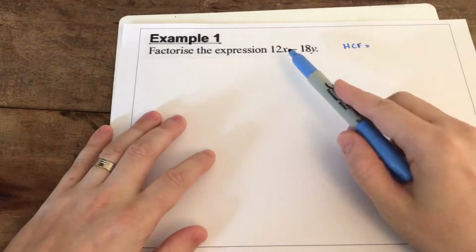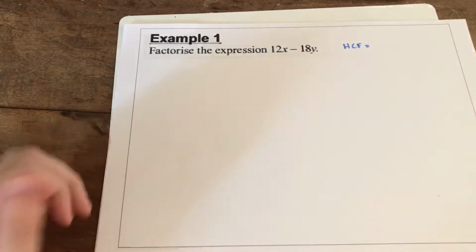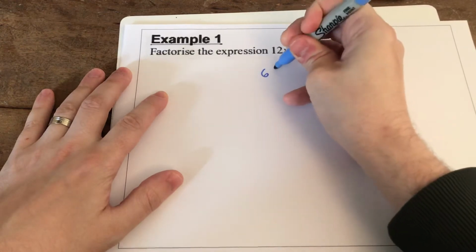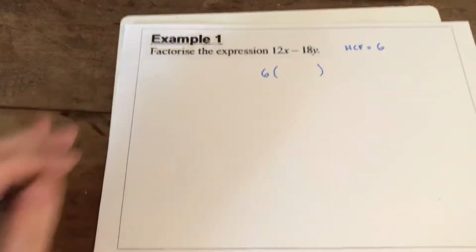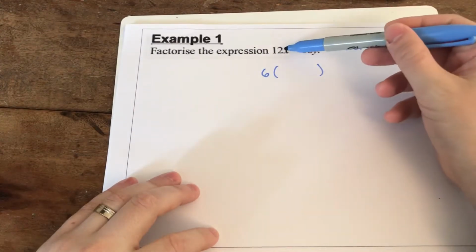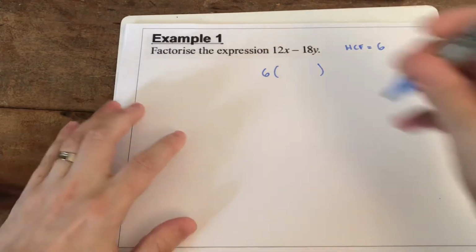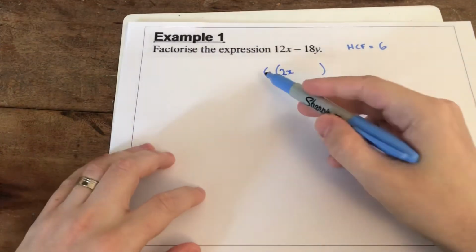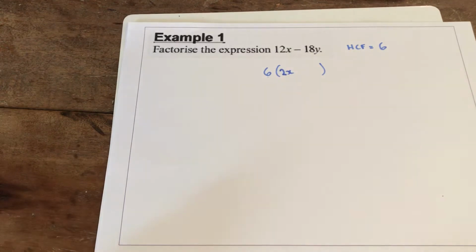So the biggest number that goes into 12x and 18y is 6. What we then do is we put that outside of our single bracket and then we say, what do I multiply 6 by to get to 12x? I multiply it by 2x. What do I multiply 6 by to get to 18y?